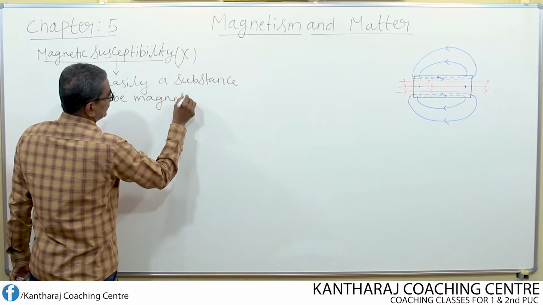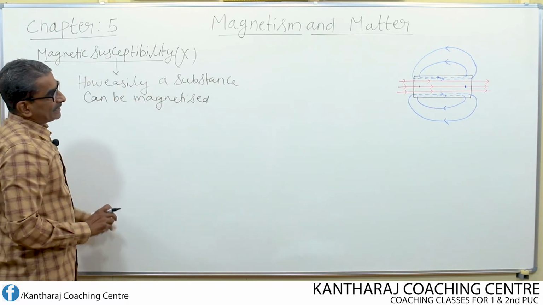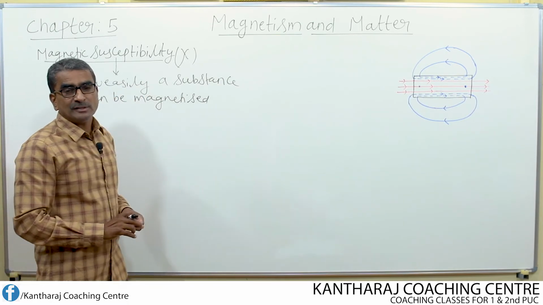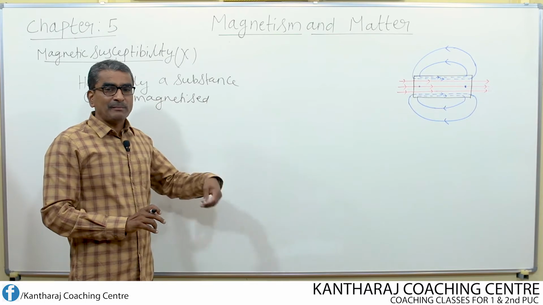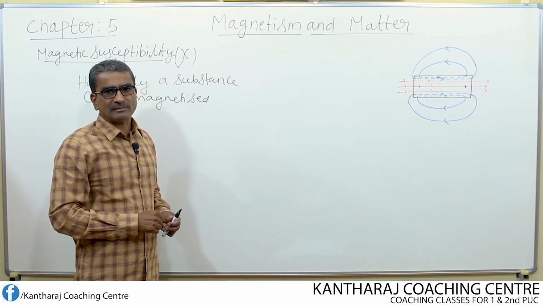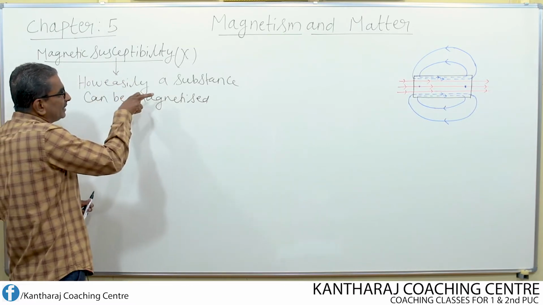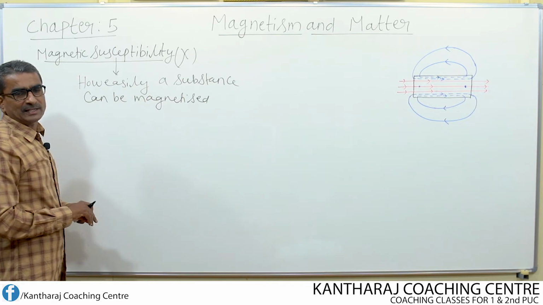That is the meaning of susceptible. Whereas permeability refers to the ability of the medium or material to allow the magnetic lines of force to pass, this refers to how easily a substance can be magnetized.